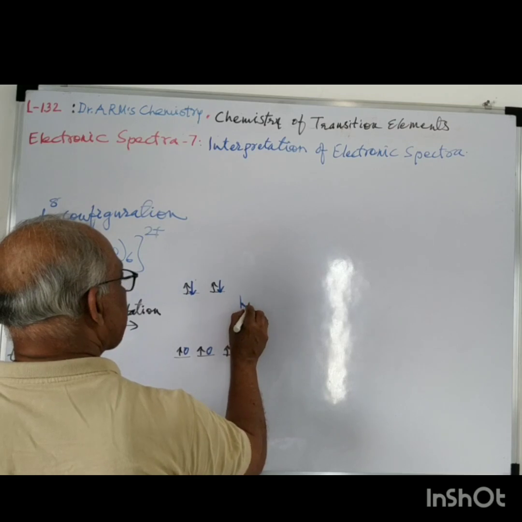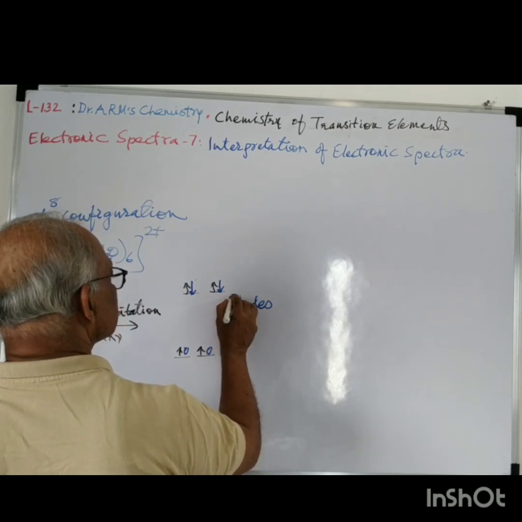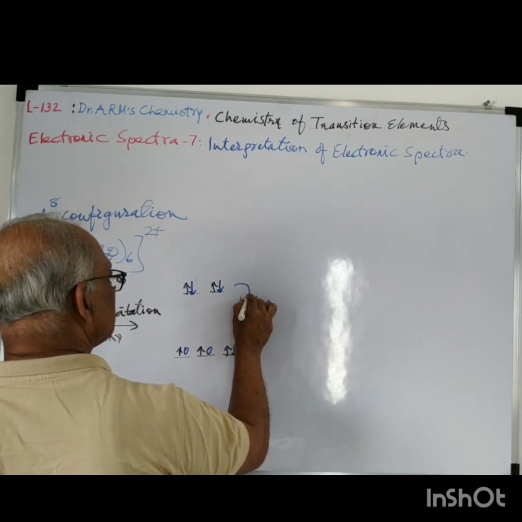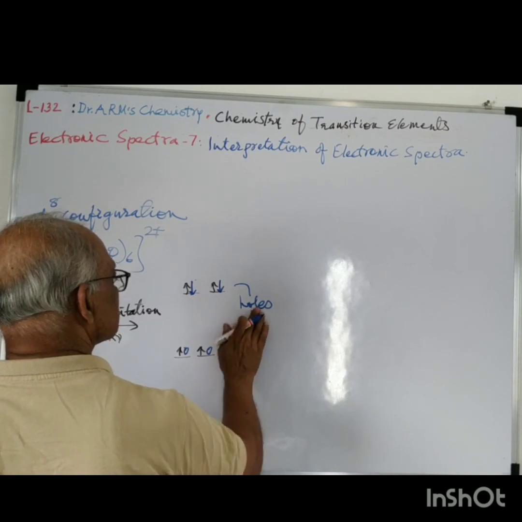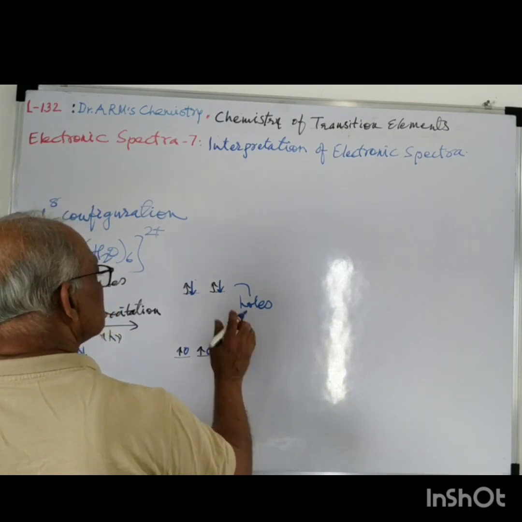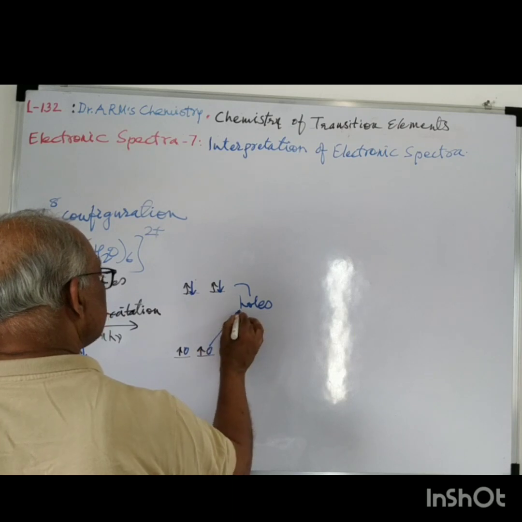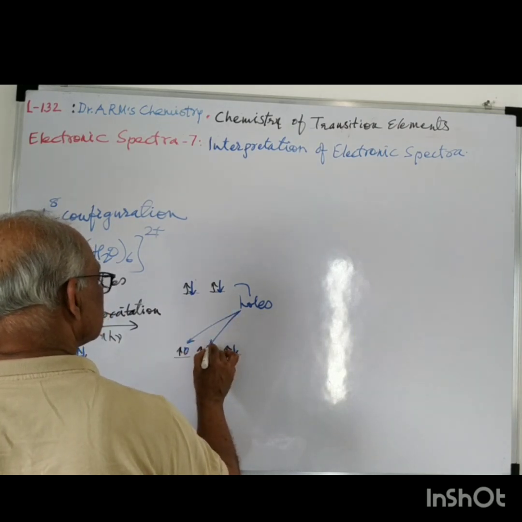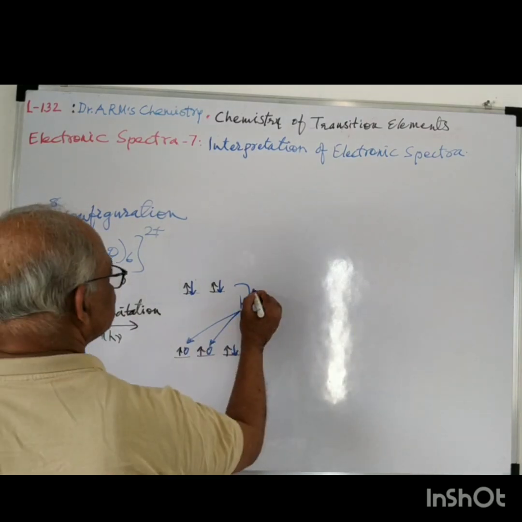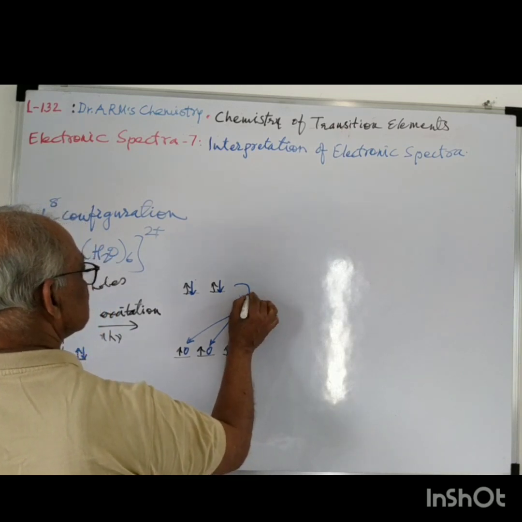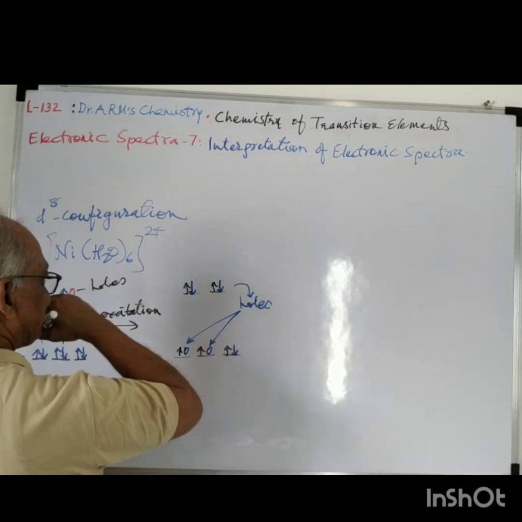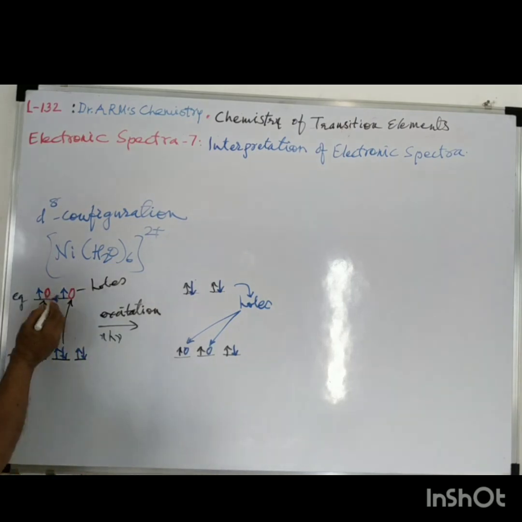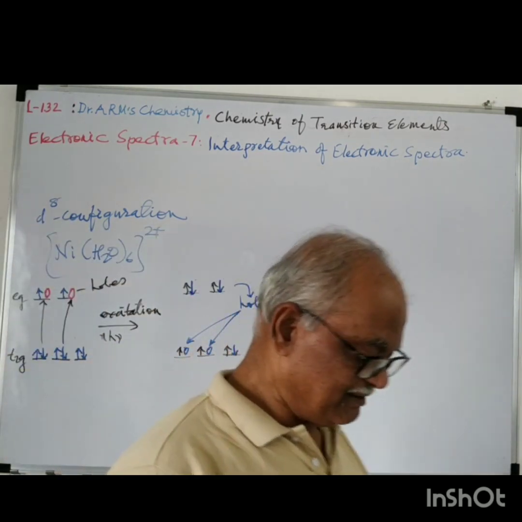Therefore we can show that the hole is transferred from this Eg level to this level. Holes are moving from these two levels, and electrons are excited to a higher energy level.